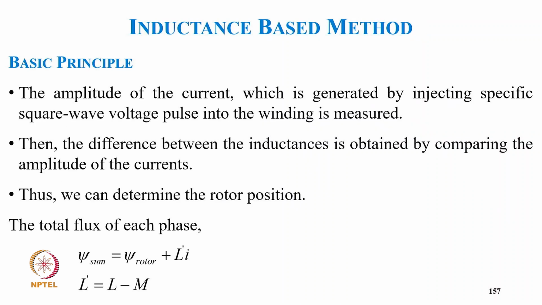So the basic principle is that the amplitude of current which is generated by injecting a specific square wave voltage pulse into the winding is measured, and then the difference between the inductances is obtained by comparing the amplitude of the current, and thus we can determine the rotor position.